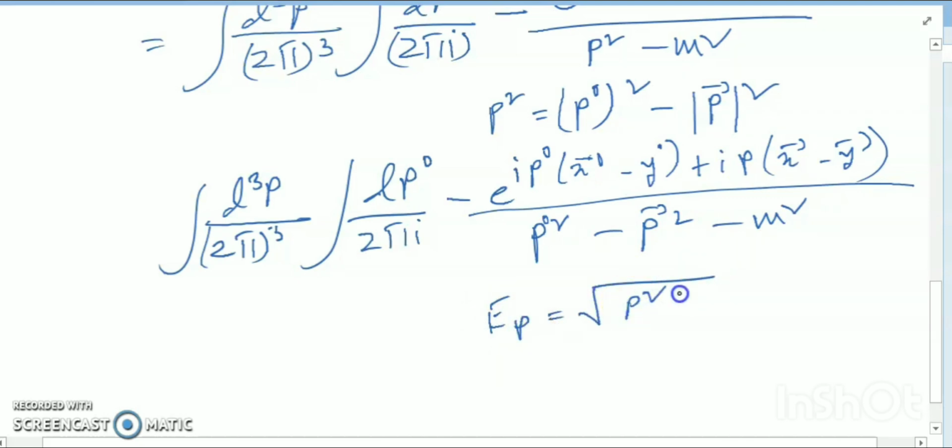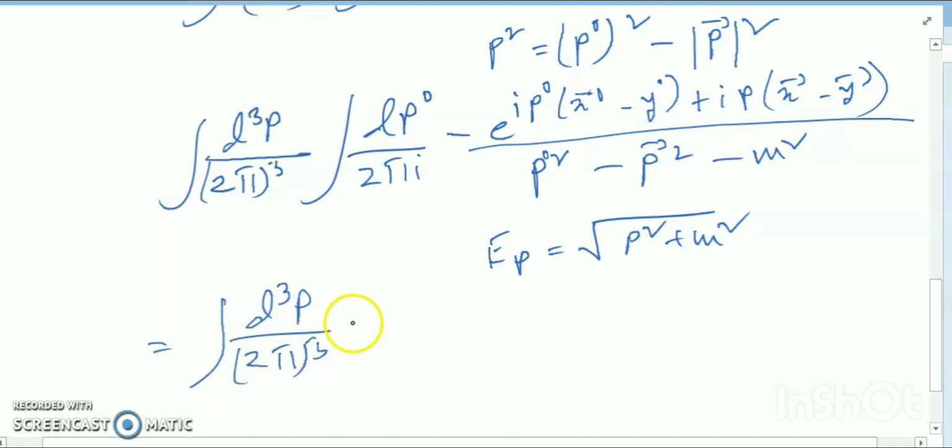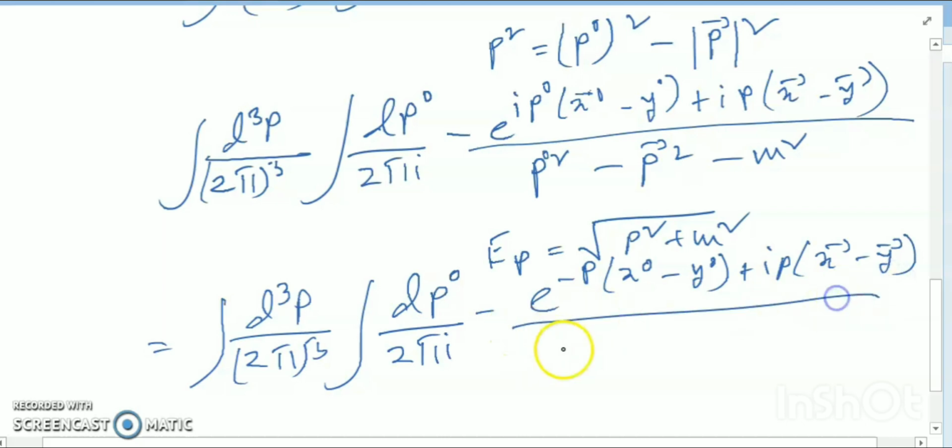Ep is the square root of p square plus m square, the energy. So again we can write in a very simple way: d cube p divided by 2 pi whole cube, into dp0 divided by 2 pi i, minus e to the power minus i p0 into x0 minus y0 plus ip into x bar minus y bar, divided by p0 square minus Ep square.